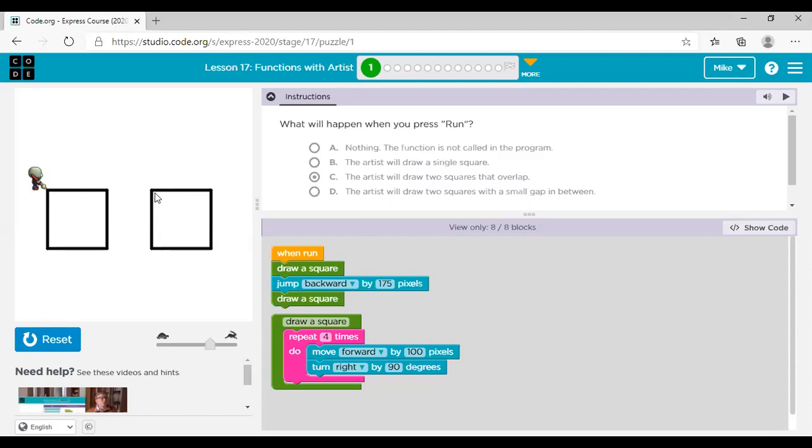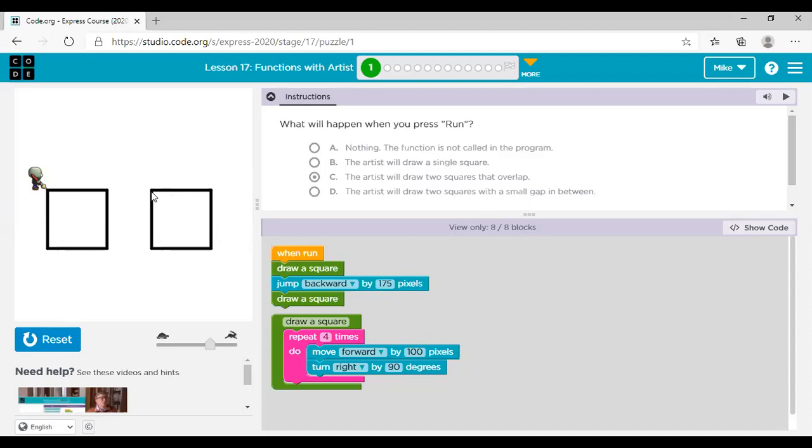Remember, our starting point is the same place because we go around and we stop here. And we know that the side of our square is how big? If we look inside our code, it is 100. Now, if I jump back, how far am I going to jump back? 175.